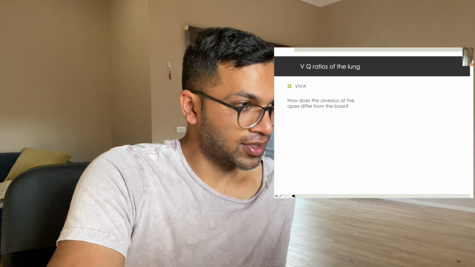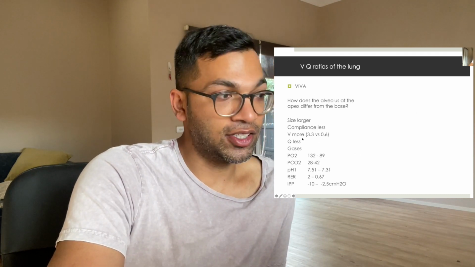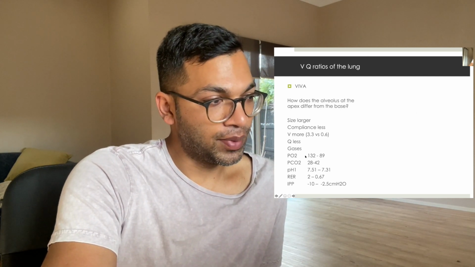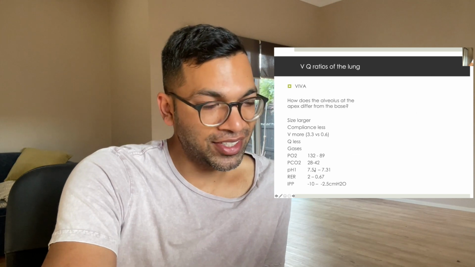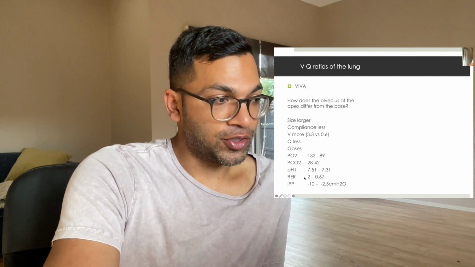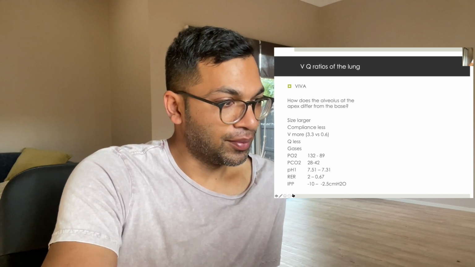Okay, I'm going to ask the question again. So size is larger, compliance is less, ventilation is more, perfusion is less, and then a whole bunch of gas changes: PO2, PCO2, and the pH change as well. Respiratory exchange ratio changes, and the intrapleural pressure changes as well.